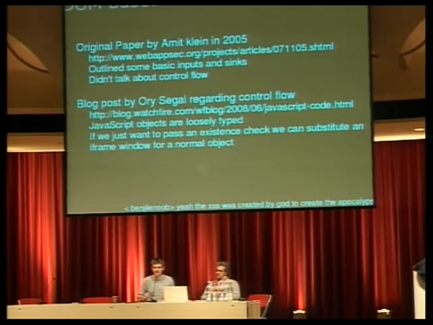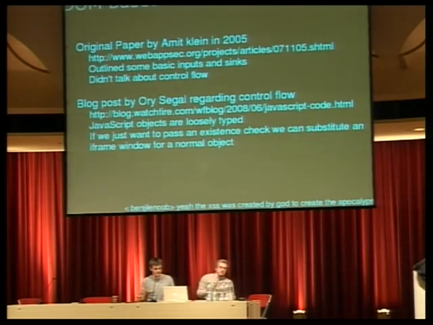It pretty much assumed that control flow worked exactly as the language specified, and that the same origin policy was enforced properly for everything. We'll talk about that a little bit later.